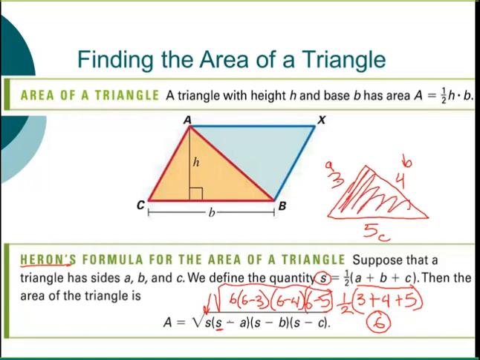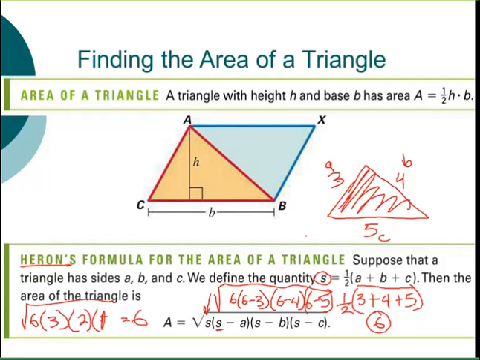First, I can reduce it to 6 times 3, times 2, times 1. 6 times 3 is 18, times 2 is 36, square root of 36. The area inside of this triangle is 6. So it's a nice formula that works when I don't know the base and the height.